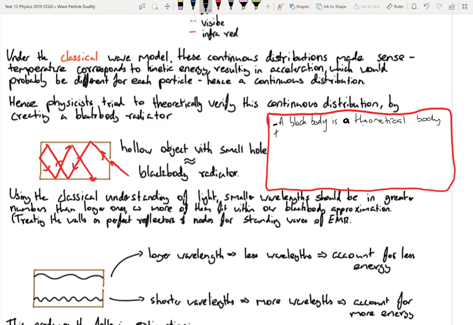It is a theoretical body that absorbs and emits all wavelengths of light. That's it.